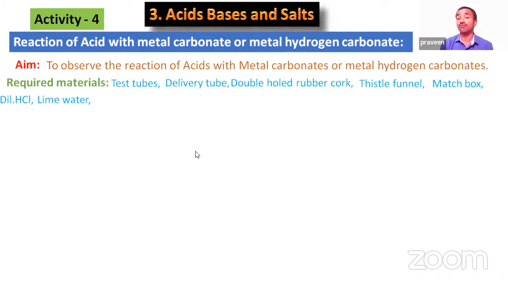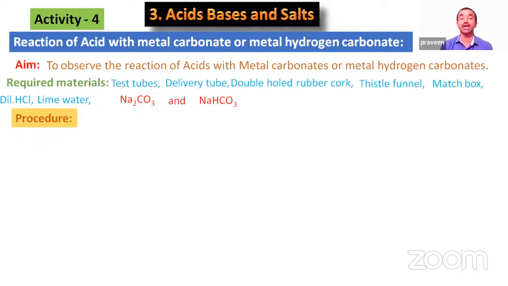Then one more substance is taken, that is lime water, Ca(OH)2. Then I need metal carbonate and metal hydrogen carbonate. As these, I am taking sodium carbonate and sodium bicarbonate, Na2CO3 and NaHCO3. So these are the materials required.